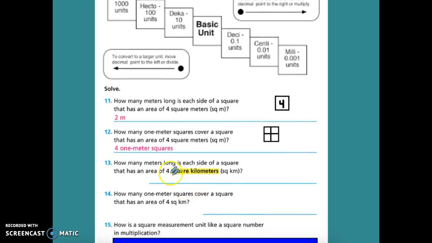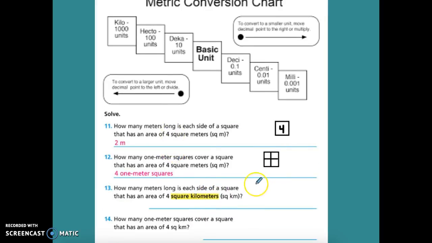All right, so first let's move from square kilometers to meters. So I'm going to write my 4, and I'm going to find kilometers, and I want to get down to meters. So it's 1, 2, 3 steps. I'm going to add my 3 steps, 1, 2, 3, add my zeros.